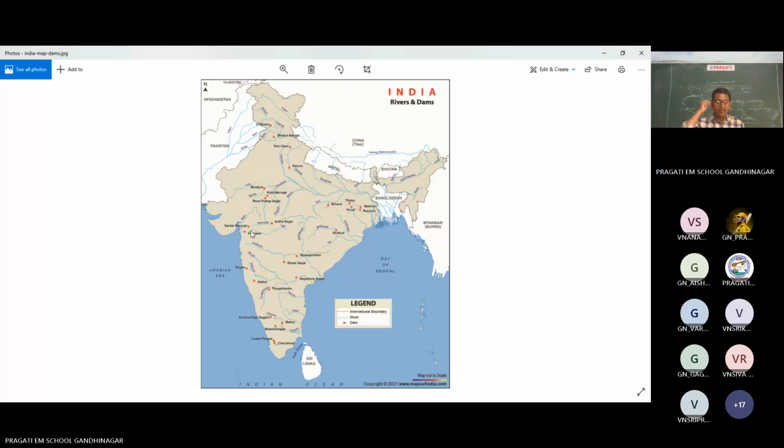Later on, many companies came to India and they collaborated with Indian industries, and these Indian industries also reached the position of MNCs, multinational companies, like Mahindra and Mahindra with Ford Motor Company in America.